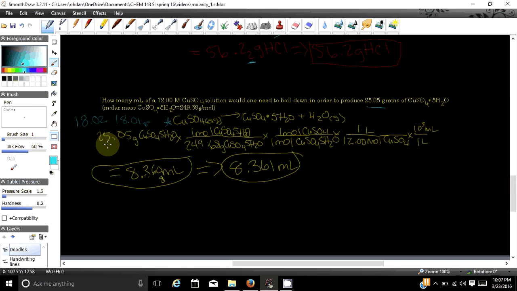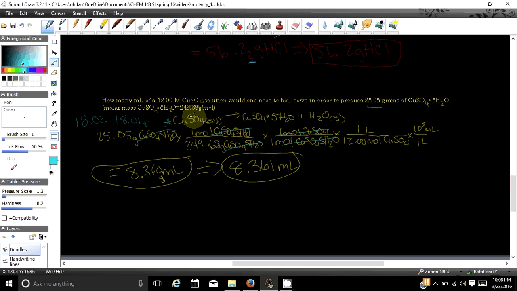So we'll start first with the 25.05 grams that we're given of CuSO4 pentahydrate, times the molar mass, so our grams are going to cancel. And then we're in moles of CuSO4 pentahydrate, and we'll multiply that based on our equation. It's all a 1-to-1 ratio, so we should be good there. And then now we're in moles of CuSO4 by itself. This would be the aqueous, if you guys are wondering where this one came from.